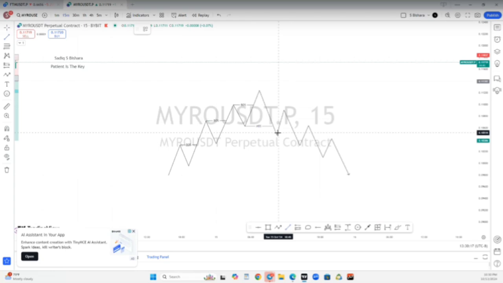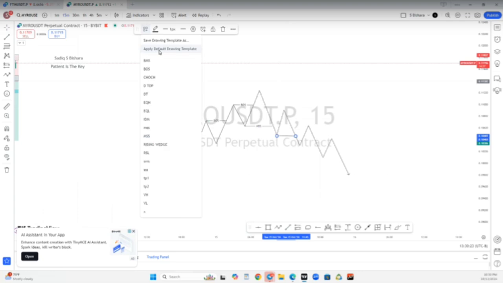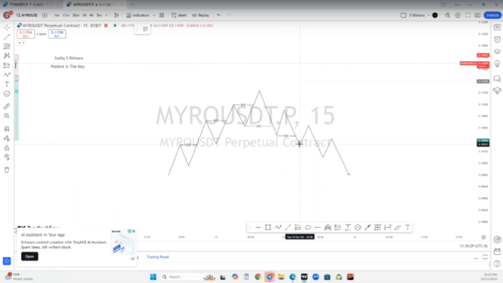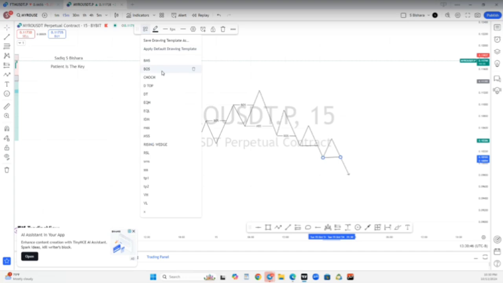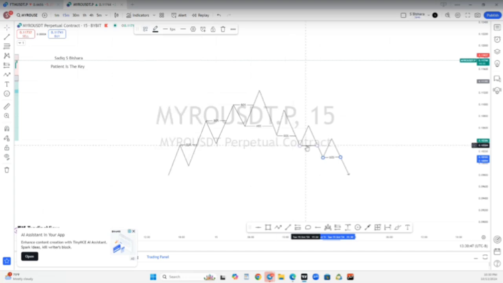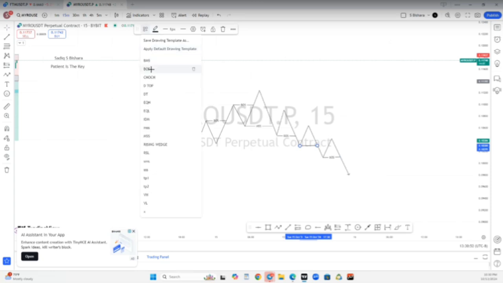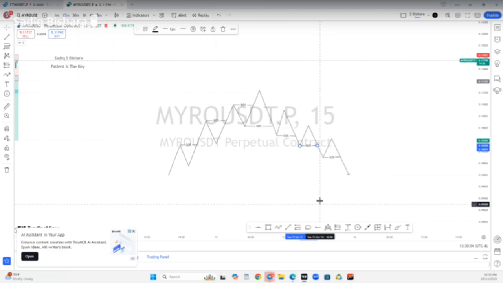Then the market continuously starts giving us this break of structure below.